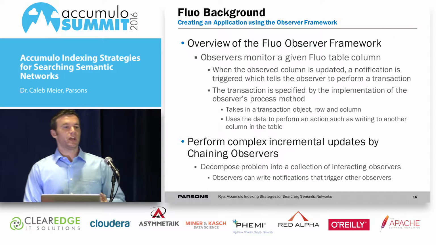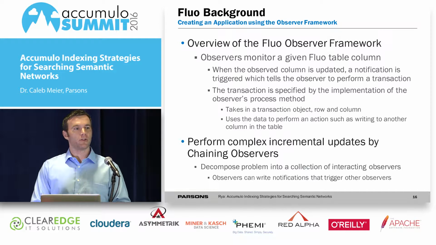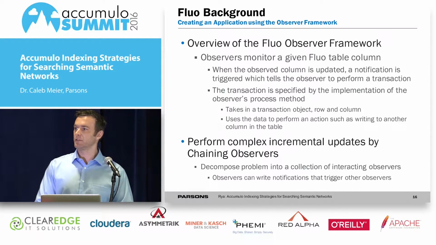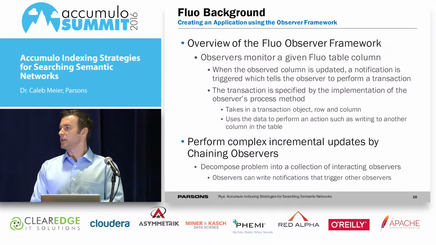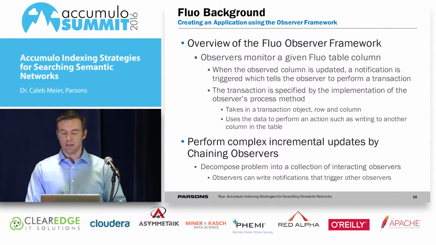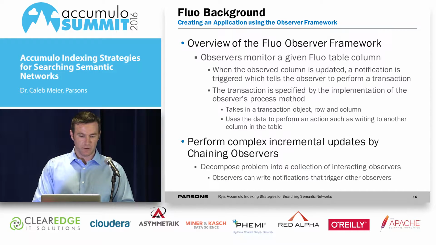In this way, you can chain these observers together. You can take simple incremental updates and chain them together to perform much more complex incremental updates. So data comes in, it gets inserted in a column. The observer watching that column processes that data, writes to some other column, and the corresponding observer to that column then does something. In this way, you can chain things together and perform complex incremental updates.